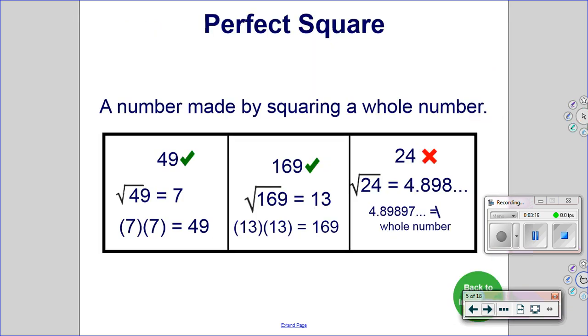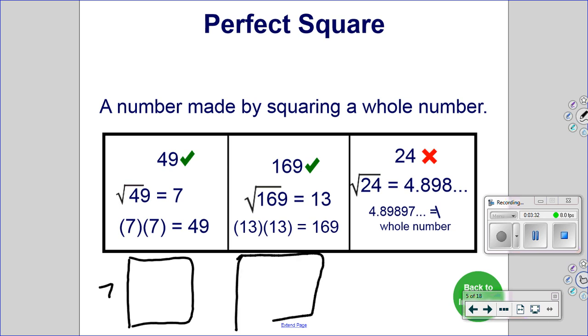Next, here are some examples of perfect squares. They talked about this in the video. The square root of 49 is 7. So if you were to make a square, each side length would be 7, and it's a perfect square. The square root of 169 is 13, which means each side of this perfect square would be 13.